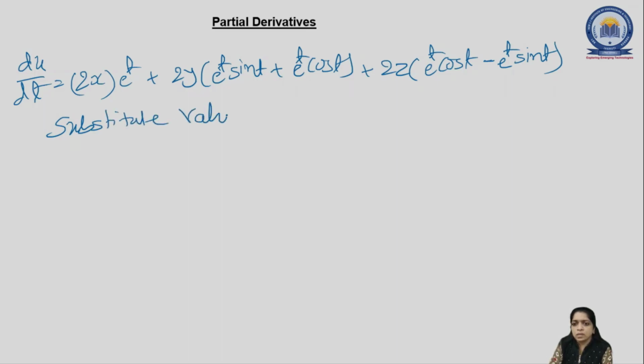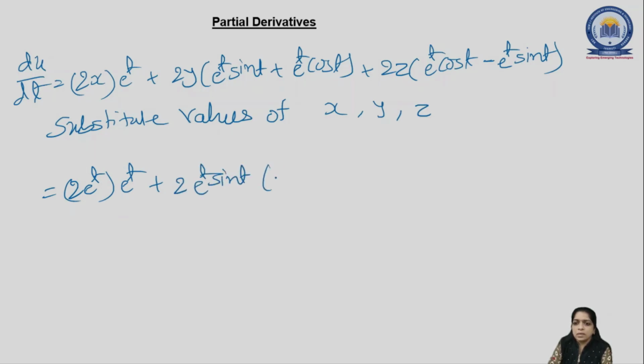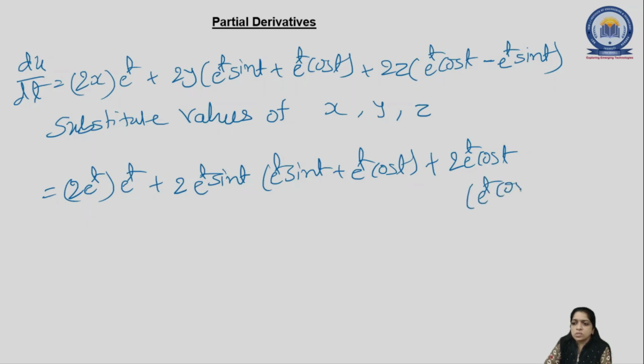So 2 e raised to t into e raised to t plus 2 e raised to t sin t and (e raised to t sin t plus e raised to t cos t) plus 2, the value of z is e raised to t cos t, and in the bracket e raised to t cos t minus e raised to t sin t. So after simplification I have 2 e raised to 2t plus 2.